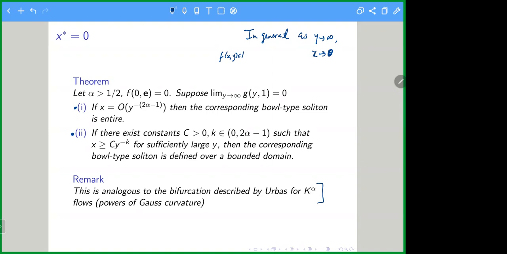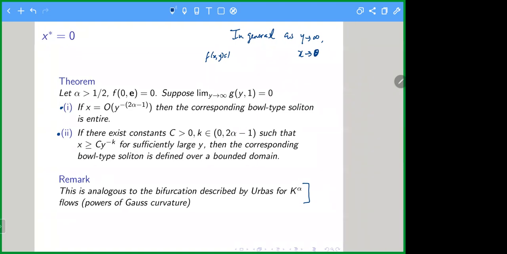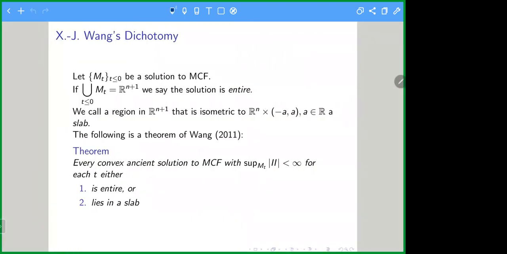Okay, then we'll move over to the other kind of solution I'm studying as well. For that I'll just mention this important dichotomy that exists in mean curvature flow. This is what makes what I'm about to say kind of interesting. So here's what's known as Wang's dichotomy in mean curvature flow.